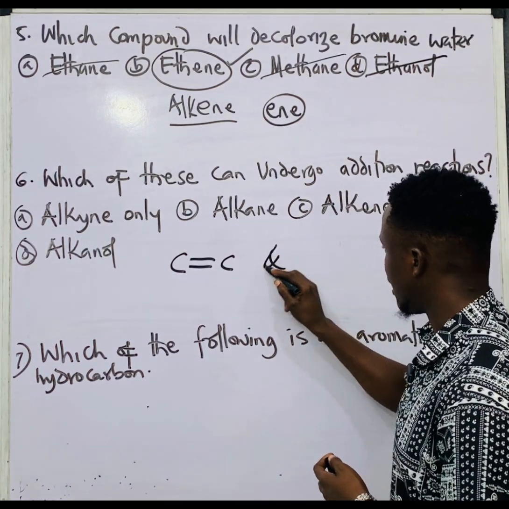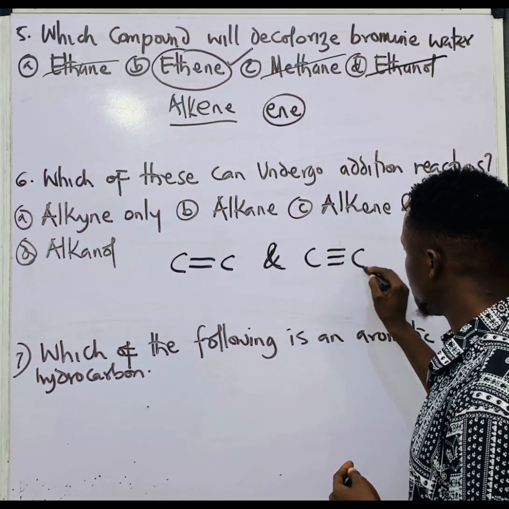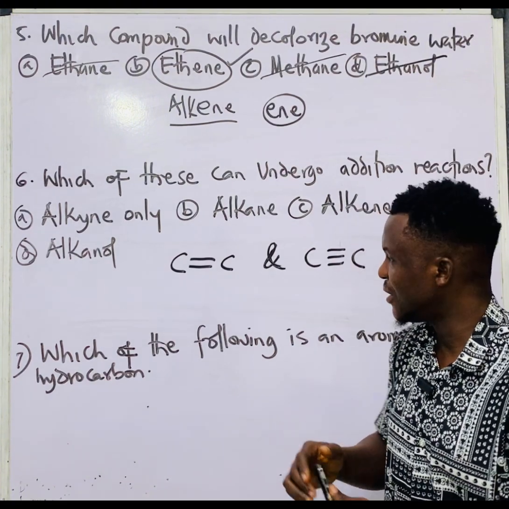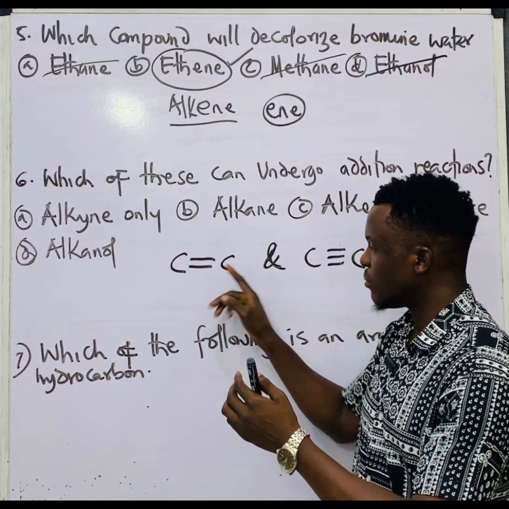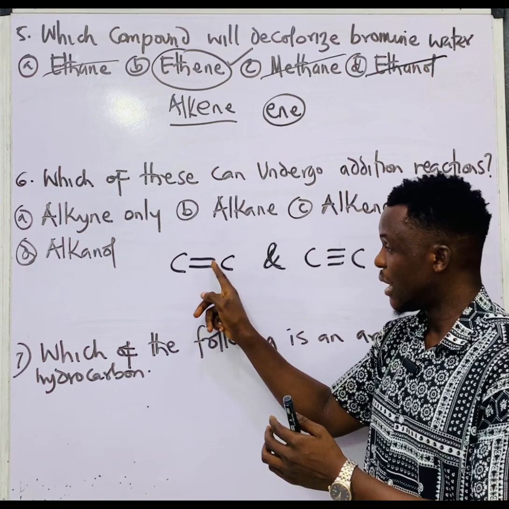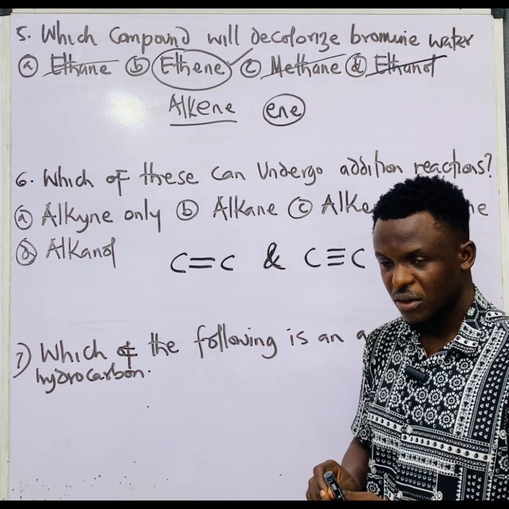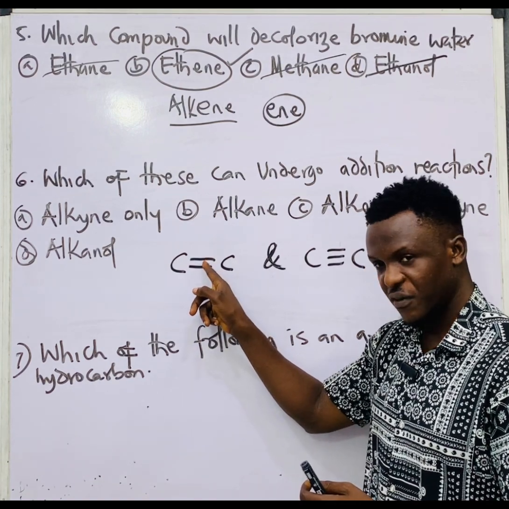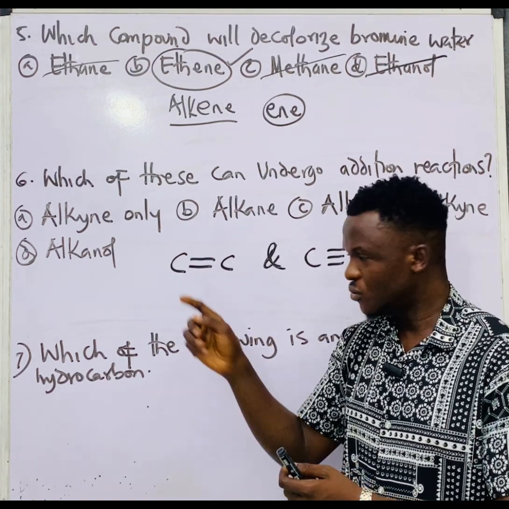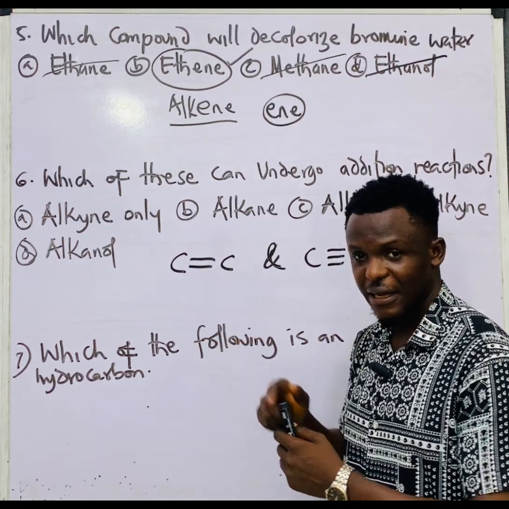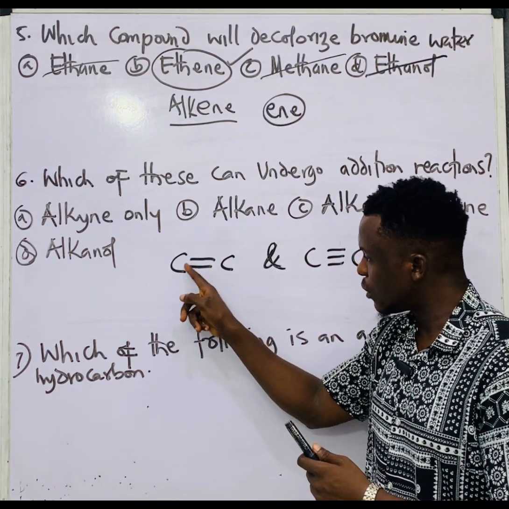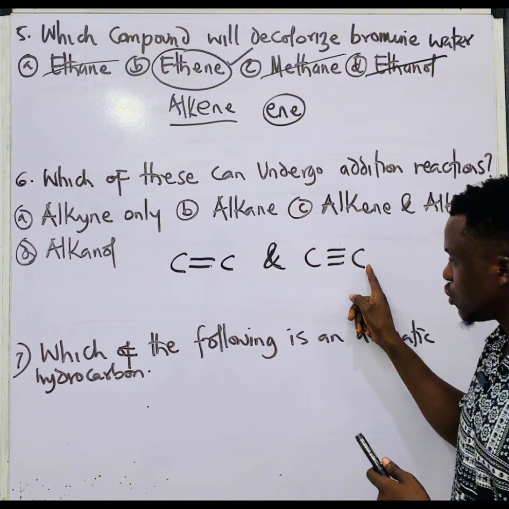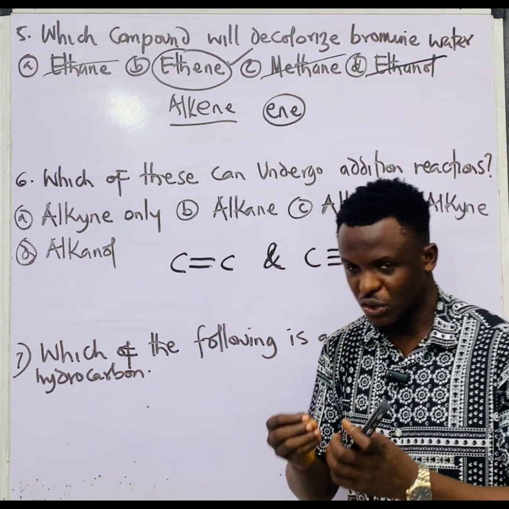And any compound that contains a triple bond. So addition reaction is basically a case where you add an atom across these two carbons, and of course you remove one of the bonds. So imagine me now adding something here, I'm going to remove this. So compounds with double bond and compounds with triple bond will undergo addition reaction.